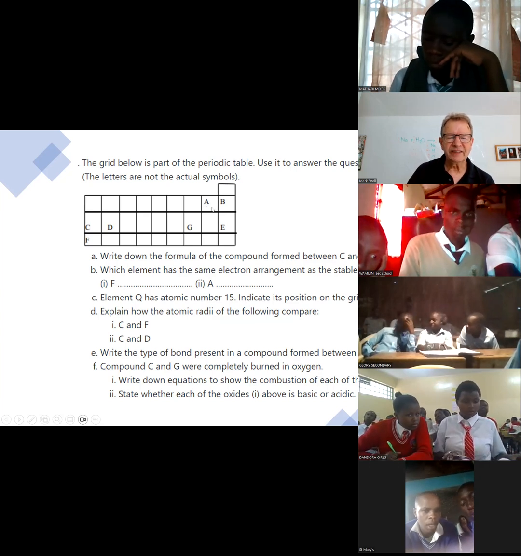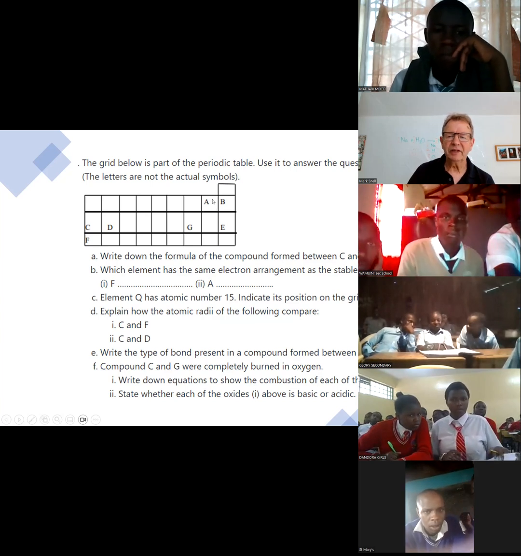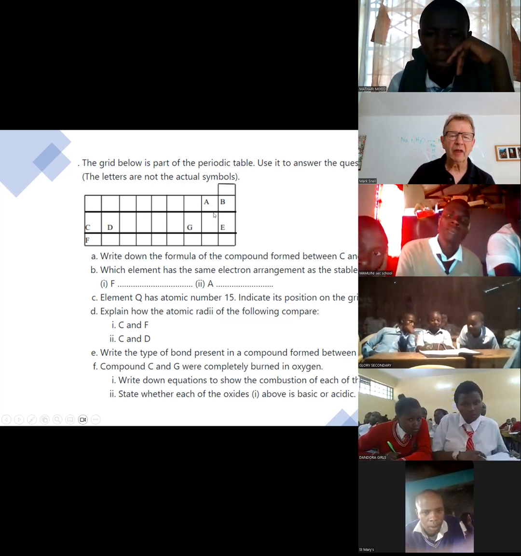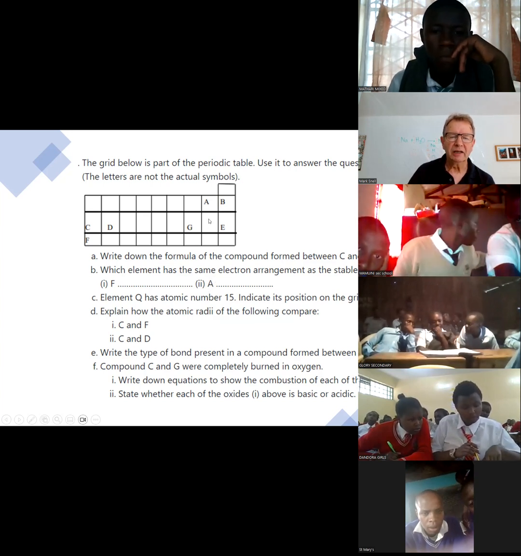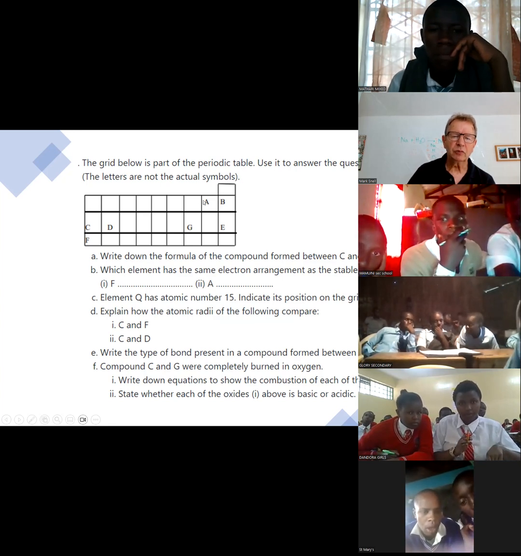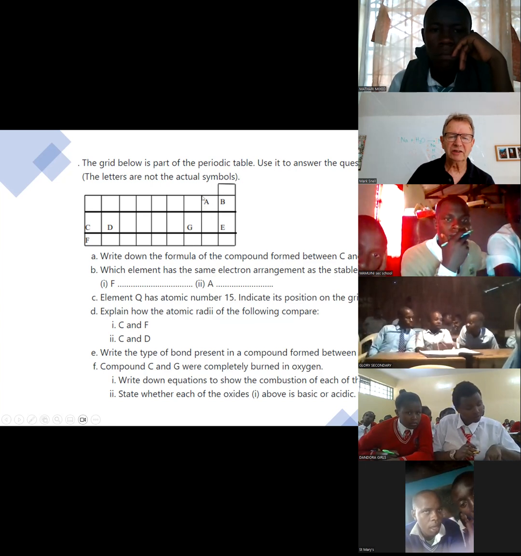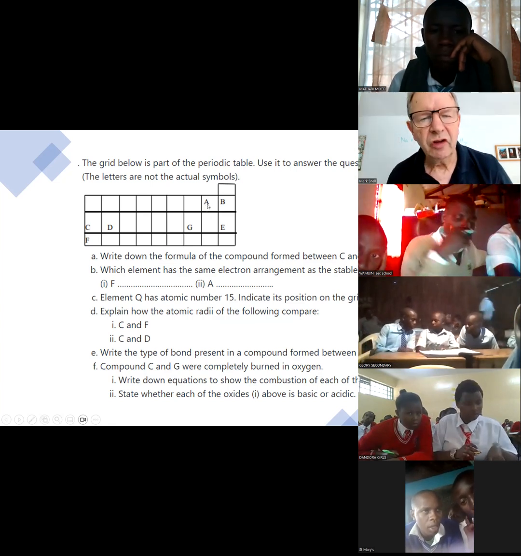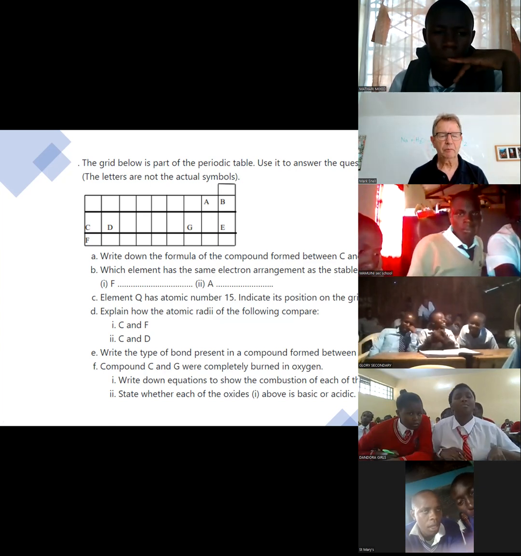A is in group 7, so it will gain 1. Because it's up here at the top, it is number 9, and therefore it will go to 2,8 and become A minus. So which of the elements here will have the same electron arrangement as A minus? So if it goes from 2,7 to 2,8, which one is the same?